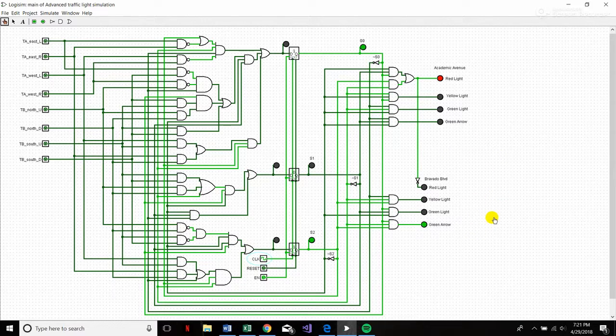And this will be on so long as TB South Up and TA West Left are high, or TB North Down and TA East Right are high. I'm going to run through different inputs to show how the next state behavior would change.